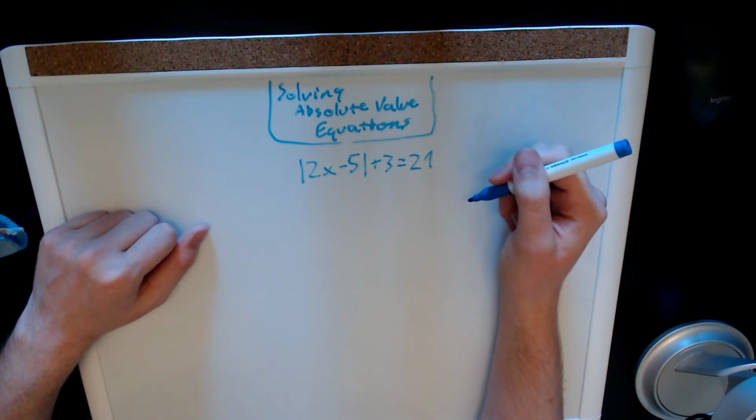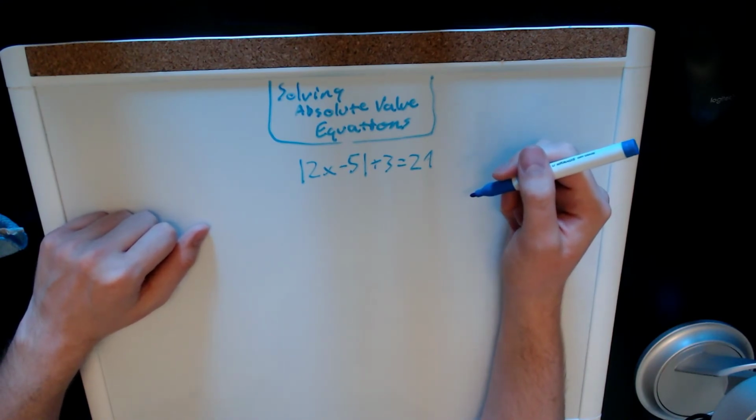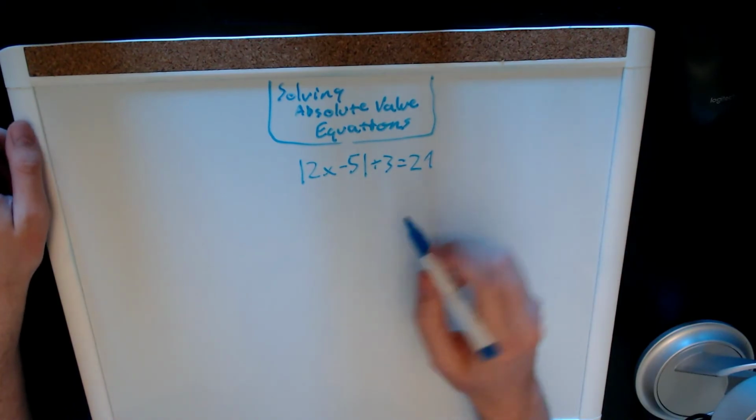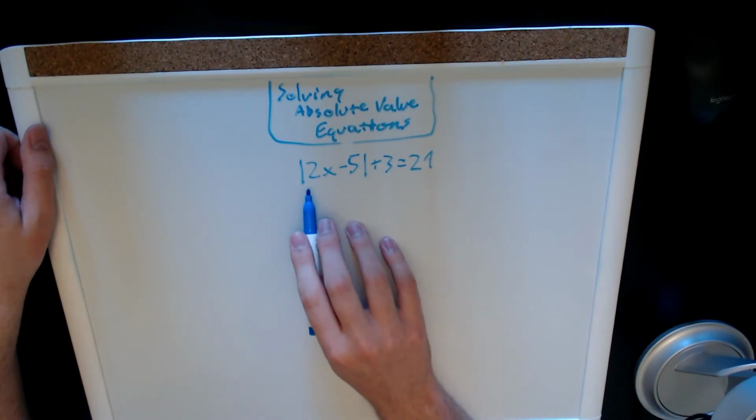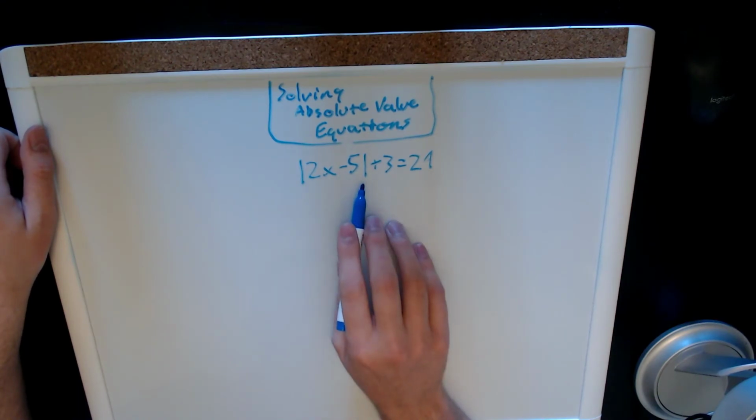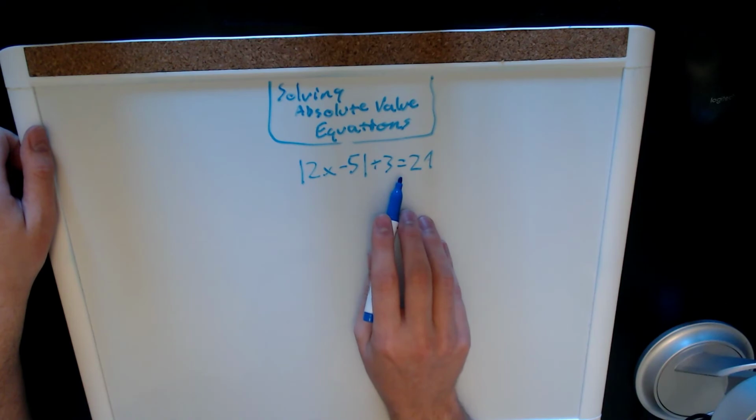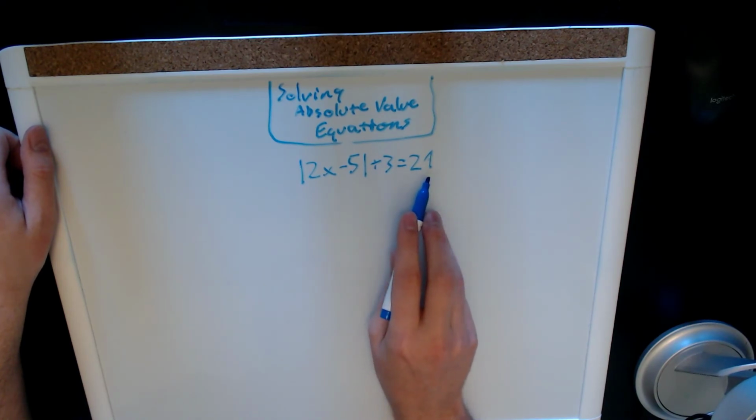Well, this is 1 degree away from being exactly what we were looking at last time, except this 3 can't be here. Because how do we solve this? Well, we take what's inside the absolute value tick marks and set it equal to positive or negative the other side.